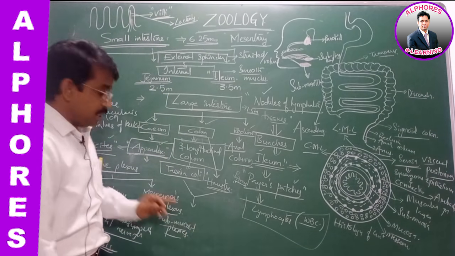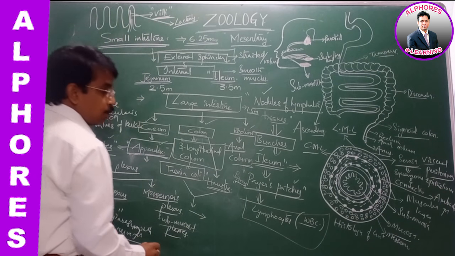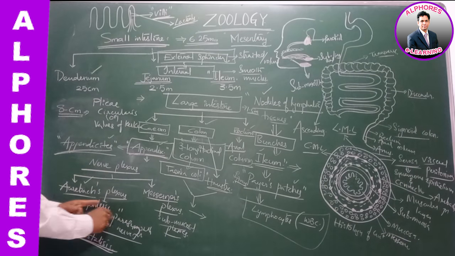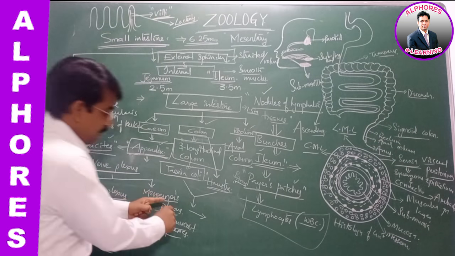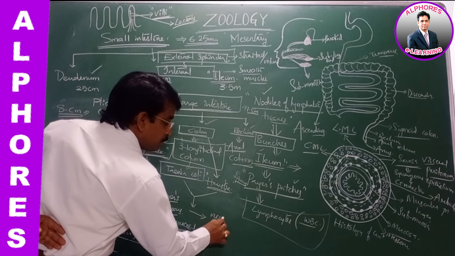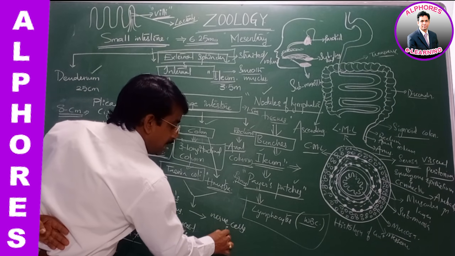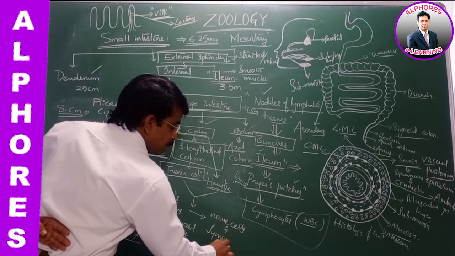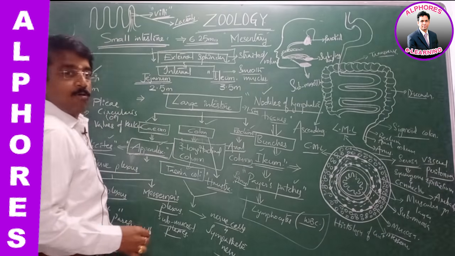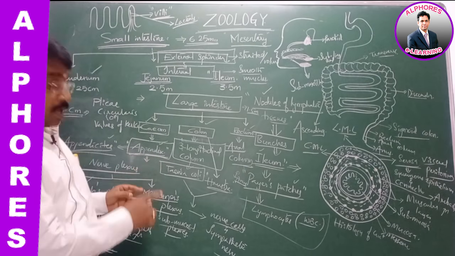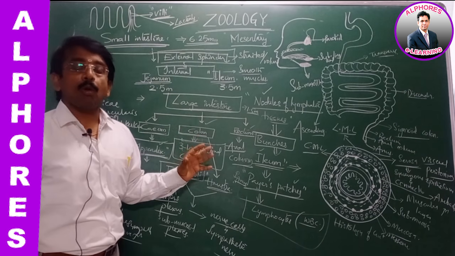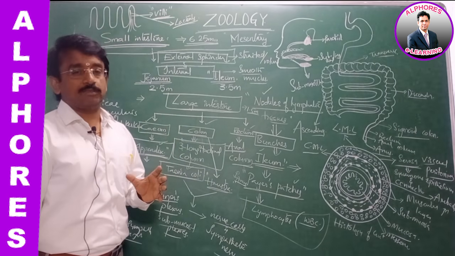Meissner's plexus, as I just told you, is a network. Here the Meissner's plexus is a combination of nerve cells and sympathetic nerves. So we come to know that both sympathetic and parasympathetic are associated with the gut, and thereby they play a role in the digestion process.